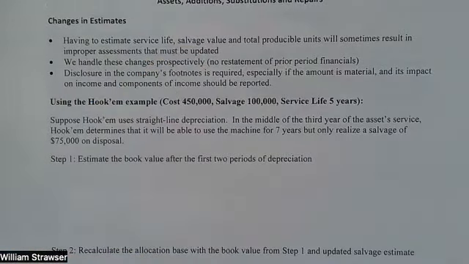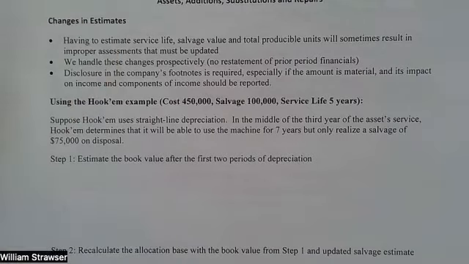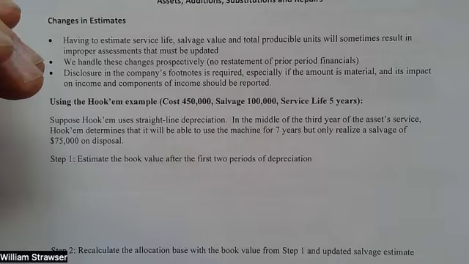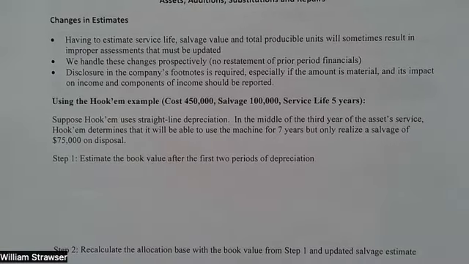How much do I think I'm going to sell it for at the end of its useful life? So through no fault of our own, through no bias, we make an estimate based on our best information. And then as we get into the thick of it years later, we recognize that perhaps our best estimate needs to be updated.